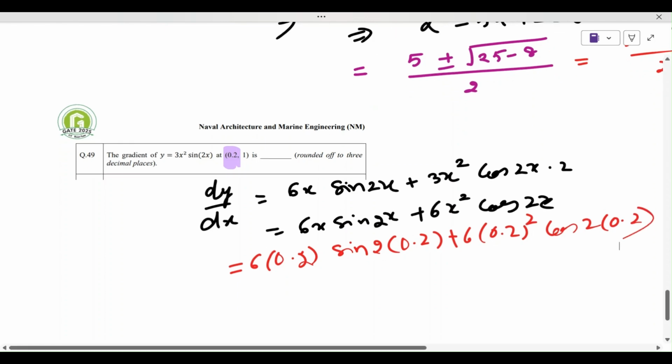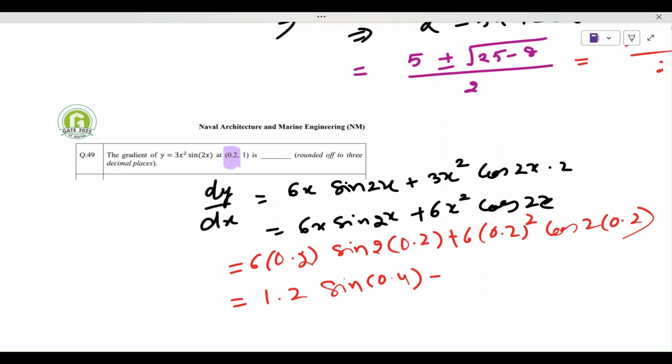Now it becomes 1.2 sine 0.4 plus 6 into 0.04 cos 0.4. Now sine 0.4 and cos 0.4, you are going to check only in radians, not in degrees.